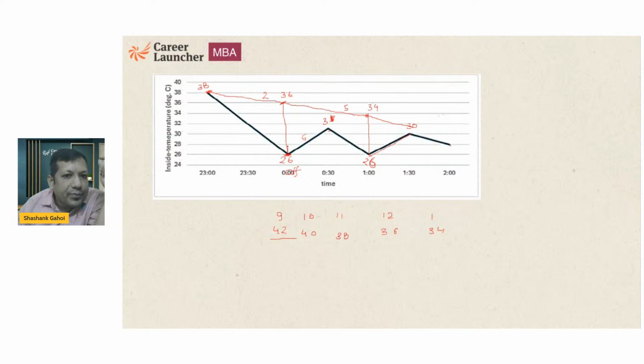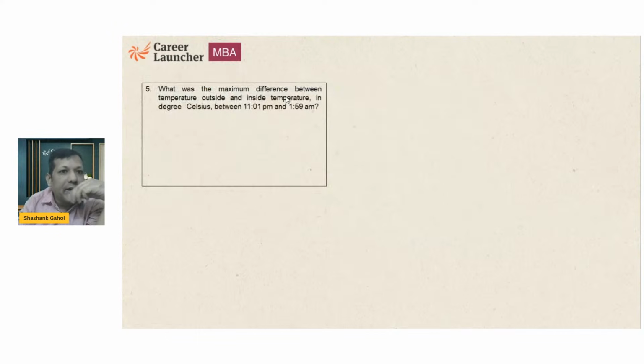Because if you see, this difference is 10 degrees. ठीक है, यहाँ पे टेम्परेचर लगातार गिर रहा है. ये डिफरेंस जो होगा वो मैक्सिमम होगा क्योंकि उसके आगे टेम्परेचर तो कम ही होता जा रहा है, तो डिफरेंस भी कम होता जाएगा. तो इसका मतलब जो मैक्सिमम टेम्परेचर डिफरेंस हमको दिख सकता है, that is going to be at this point only, at 12 o'clock, and that is going to be 10. So the maximum difference in temperature is going to be 10. So the answer of this question is going to be 10.